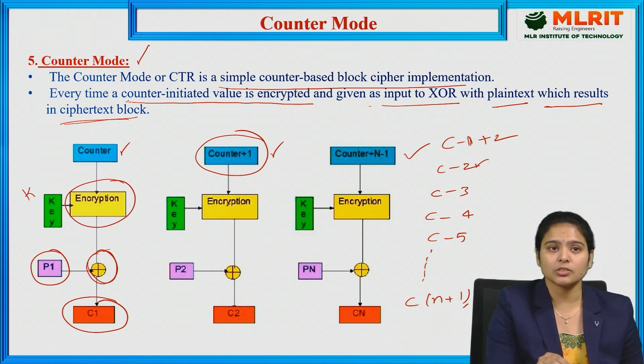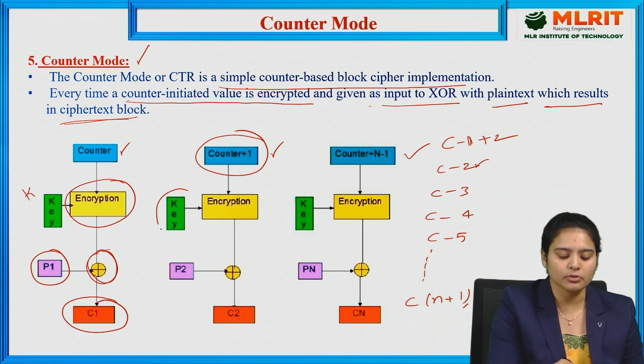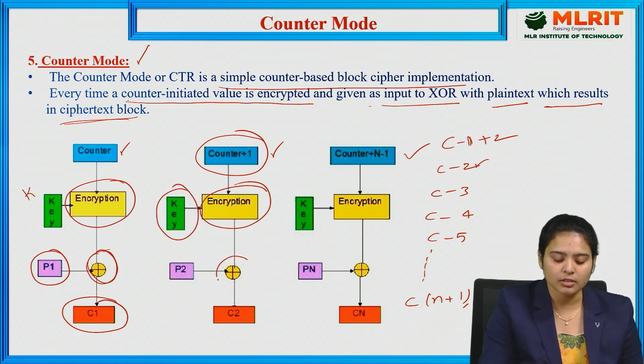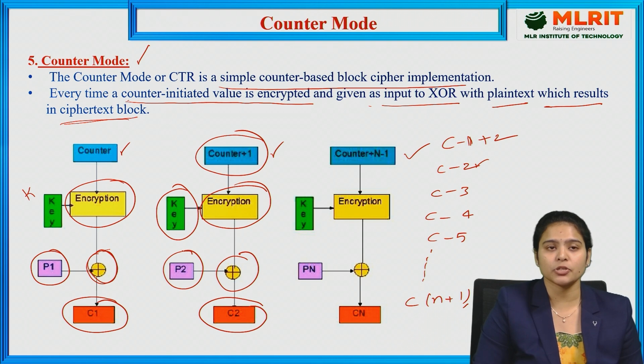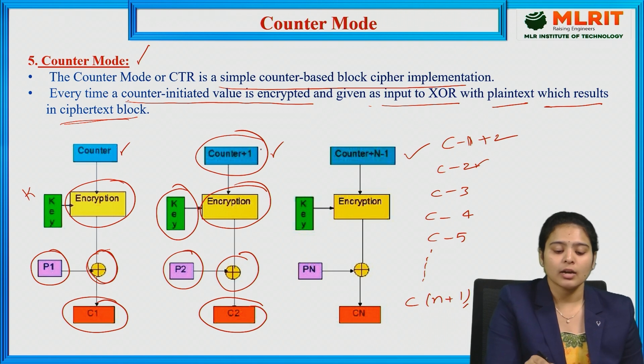But there is no change, because we use the same key for the encryption process, and we use the XOR operation to get the ciphertext as output, with the plaintext P2 as input. Like that, counter plus 2 is nothing but counter plus 1 from the previous step, incremented.